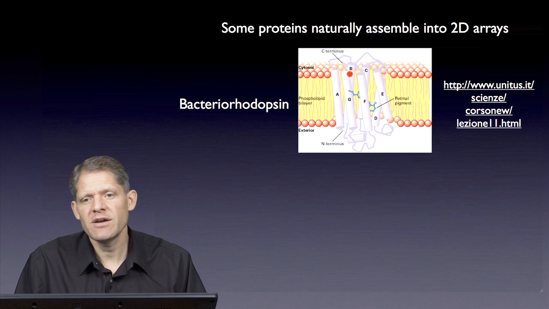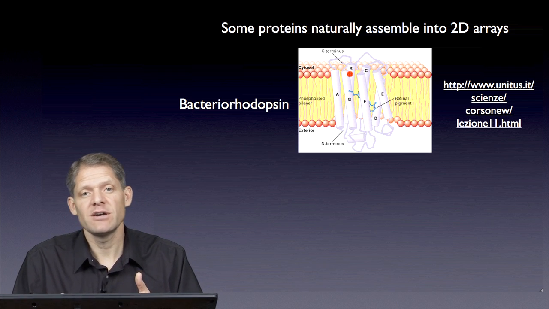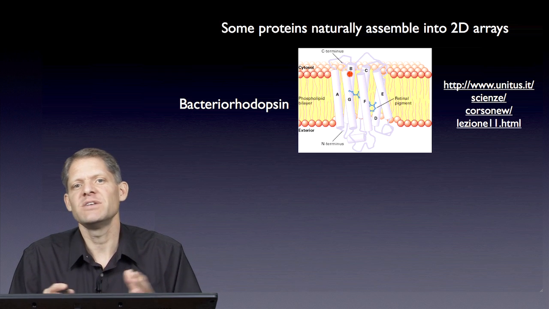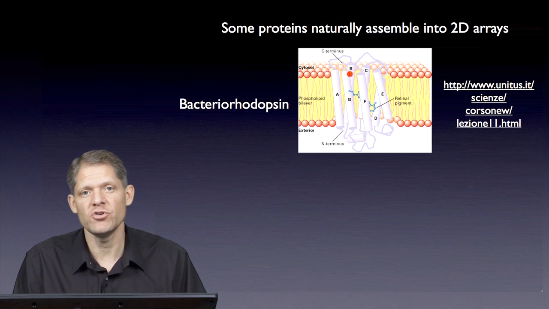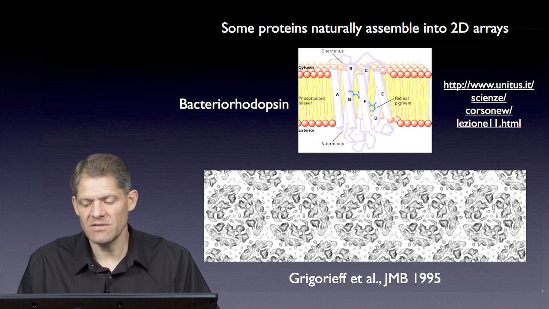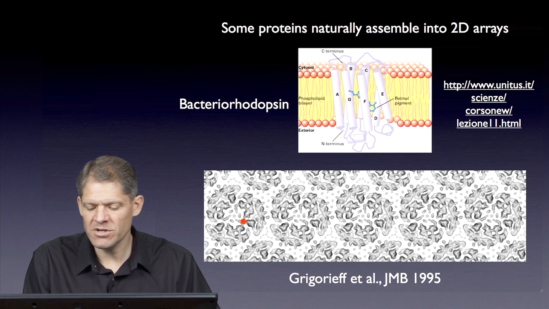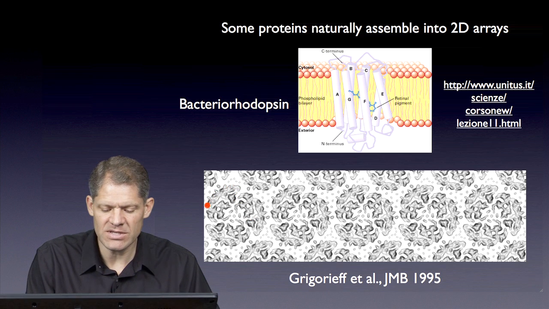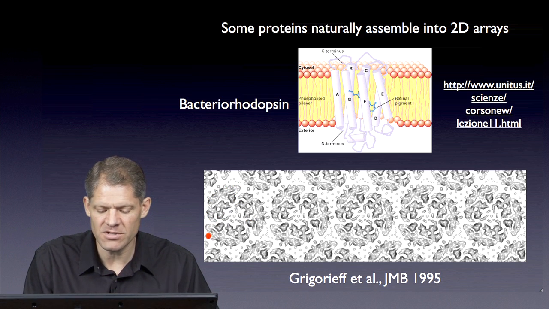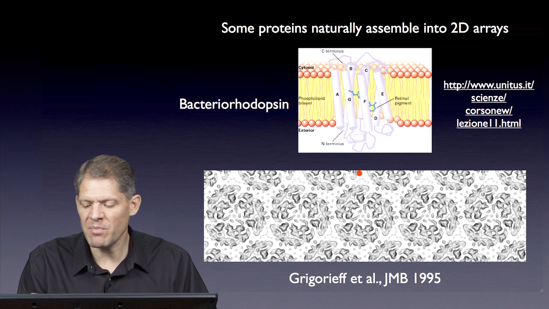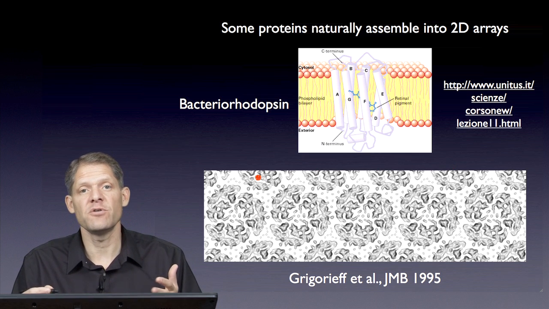Certain bacteria express so much bacteriorhodopsin that they pack their membranes full of it, and it spontaneously forms a well-ordered 2D crystal, as can be seen in this image from Nikolaus Grigorieff, where one of these crystals was imaged. You can see this is a bacteriorhodopsin molecule, here's another one, and here's another one. So they form trimers, and then these trimers organize themselves, closely packed into a beautiful 2D crystal.